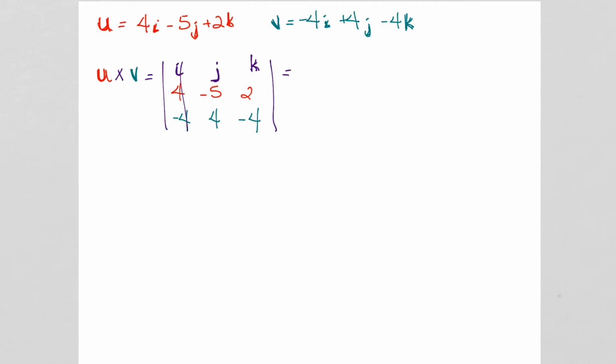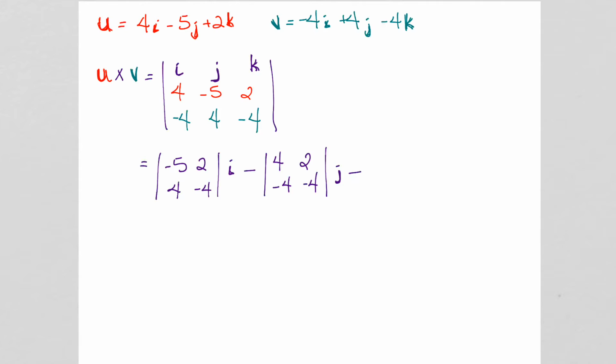So we have, cross out i, we've got, negative 5, 2, 4, negative 4, i, minus, cross out j, 4, 2, negative 4, j, plus, cross out k, 4, negative 5, negative 4, 4k.